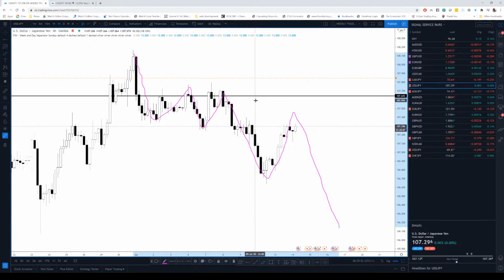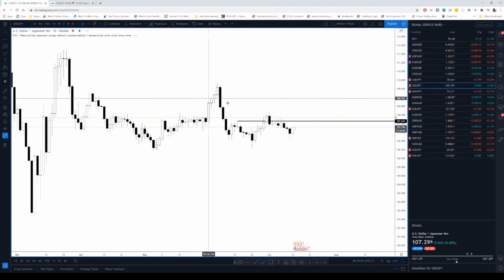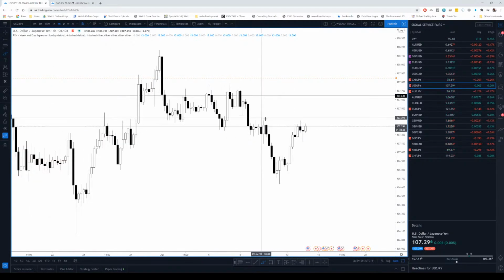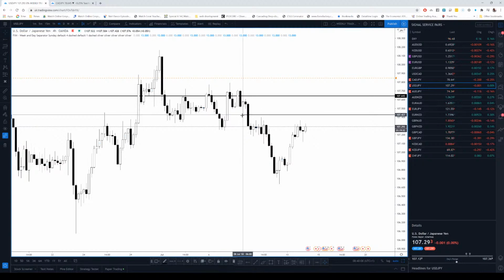So that's what I'm expecting. Let's say we get a run above this high into, to be specific, here. That's the level I'm personally watching. I want to see price get up here.